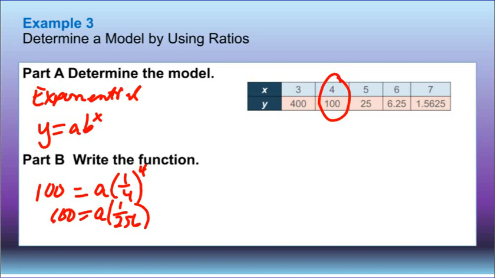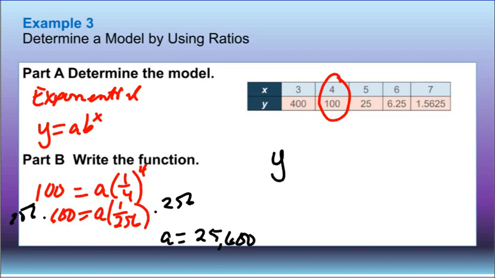To get a by itself, I multiply by 256. 256 times 100 equals, our a would equal 25,600.